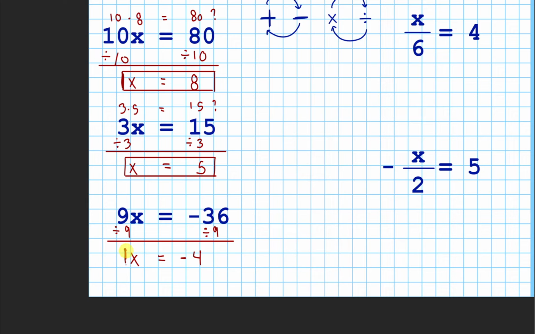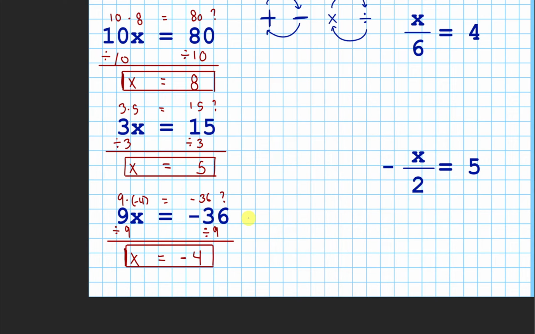And so my answer is x equals negative 4. And I dare you, try it out if you don't believe me. 9 times negative 4. Plug it into a calculator if you have to. Does that equal negative 36? It does. Because my variable has been isolated correctly, I get the right answer.